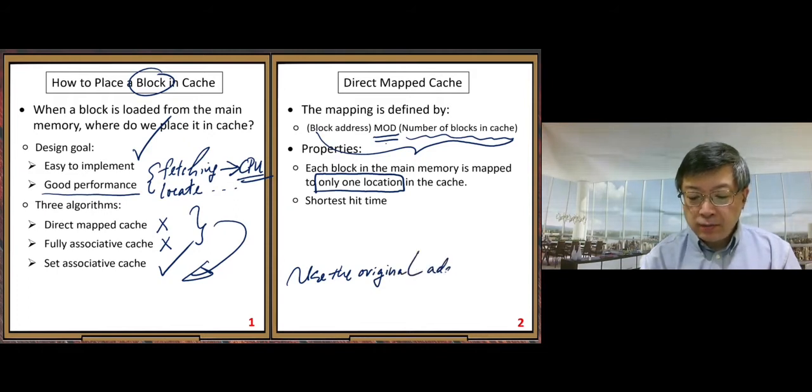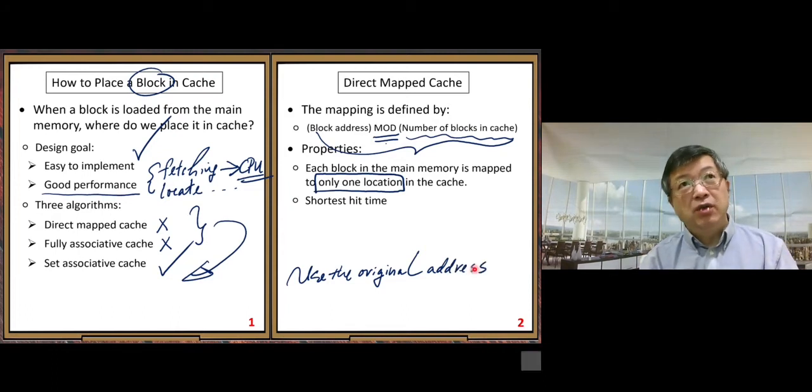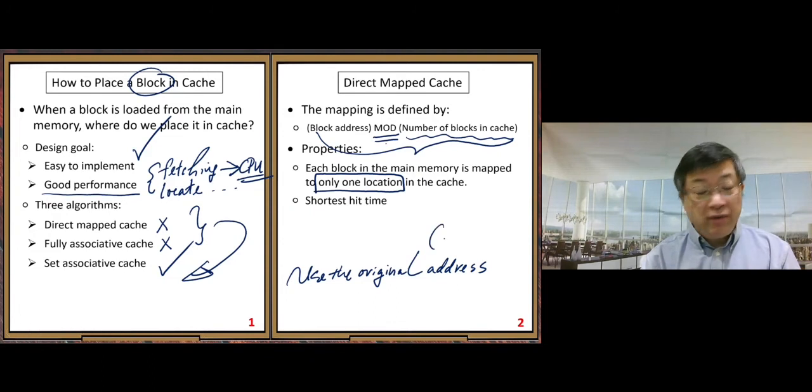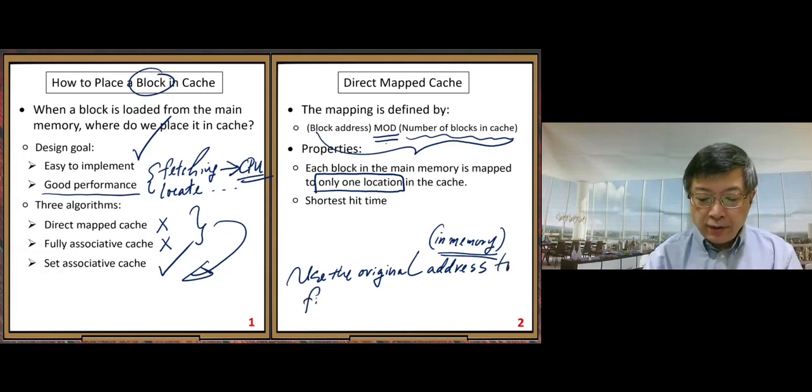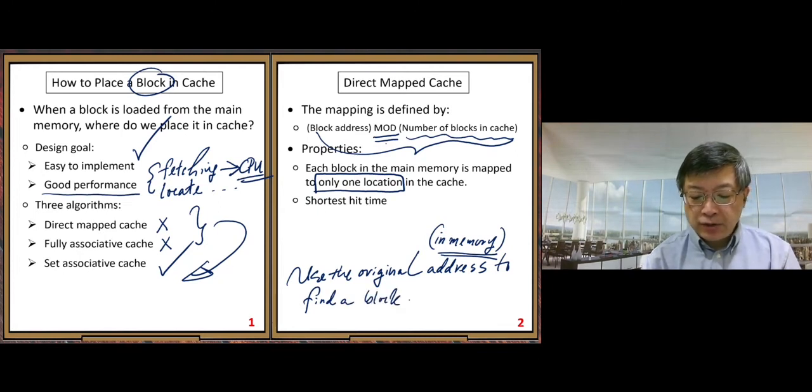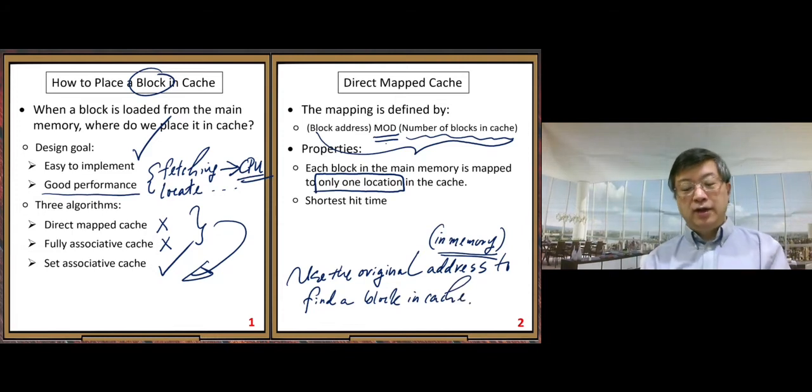When we say address, if we do not mention what address, we mean the address in main memory. Original address to find a block in cache. That's the way.